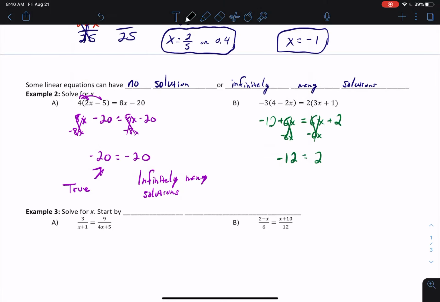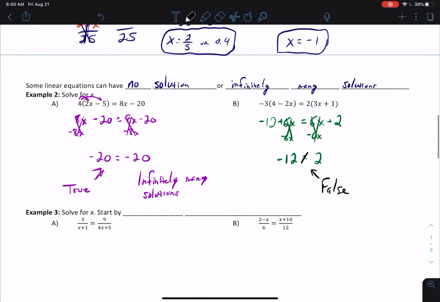The issue is that's not true. That's a false statement. Negative 12 will never equal 2. So since that's false, that means that this linear equation has no solution. There's nothing that you can plug in for x that is going to make this equation true.